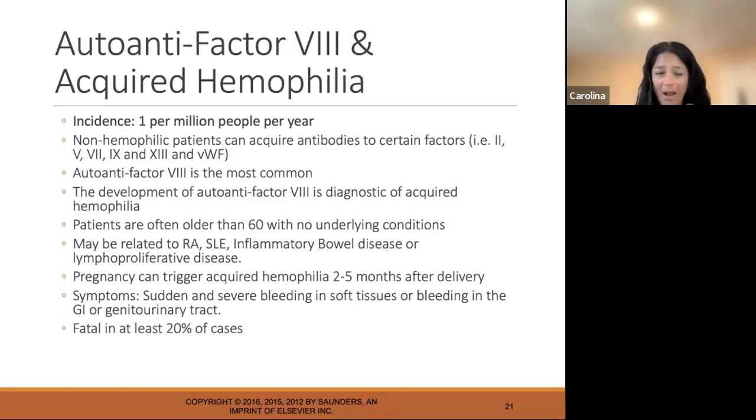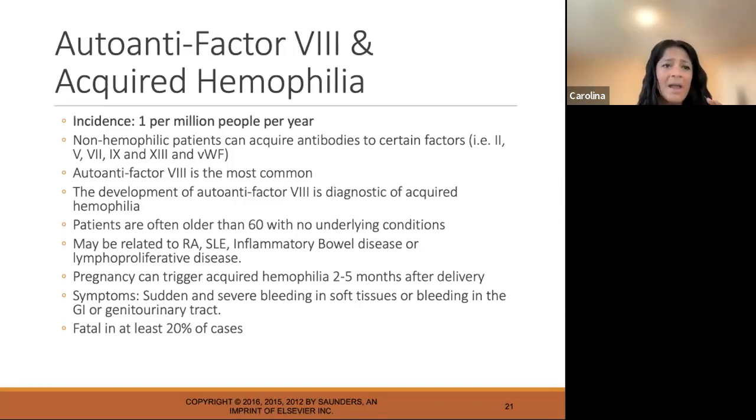So not super common. These are non-hemophilic patients that can acquire antibodies to certain factors. So they can actually acquire antibodies to factor 2, factor 5, factor 7, factor 11, factor 13, and von Willebrand factor, okay? But auto anti-factor VIII is a common antibody that's formed.